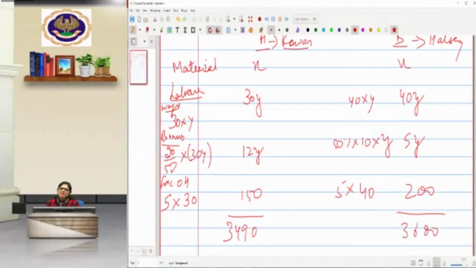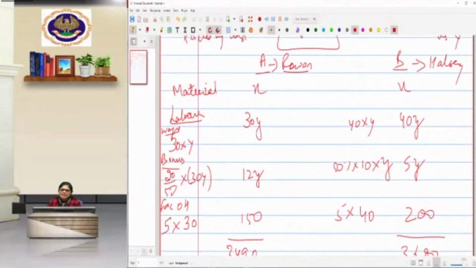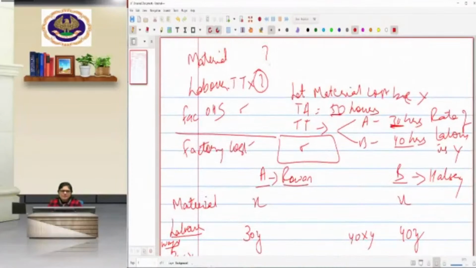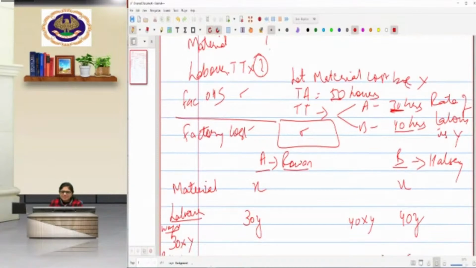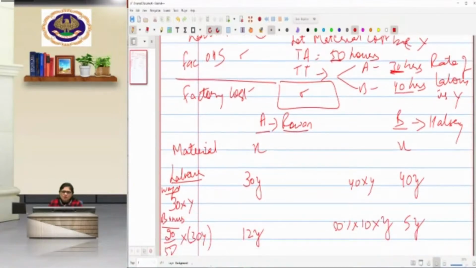What all information is available, we have put it in the statement of factory cost. So again, let me just brush up the whole concept. Factory cost means material, labor, and factory overheads. Material was not given in the question, but they are using the same material, so we can assume the material as X. So X material for both the workers.